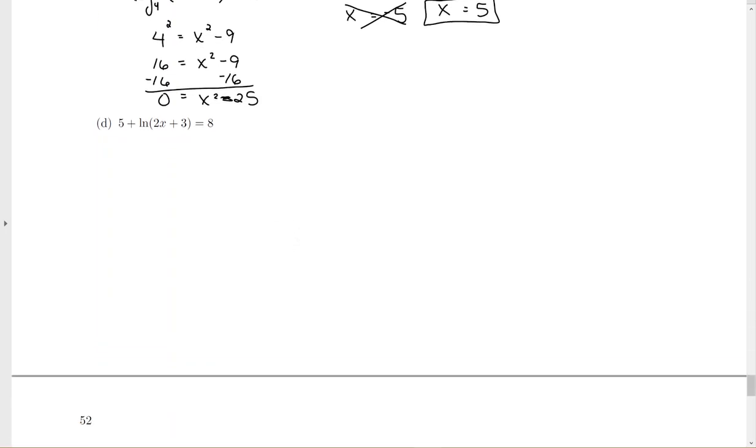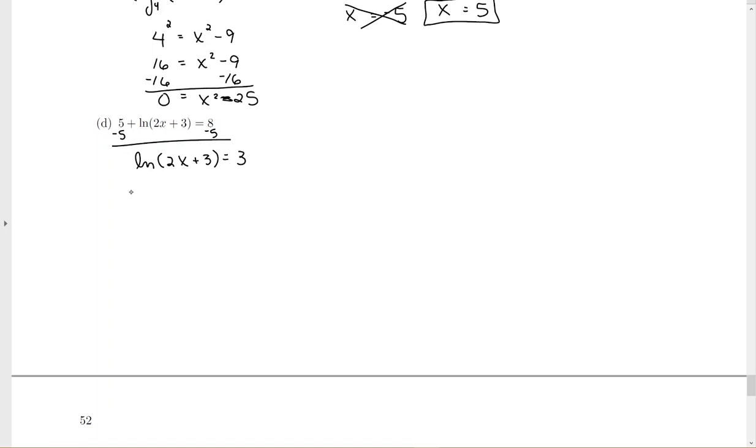For letter D, we only have one logarithm in here, but we still need to get the log isolated. So in other words, the 5 has got to move to the other side. So I have natural log of 2x plus 3 equals 3.